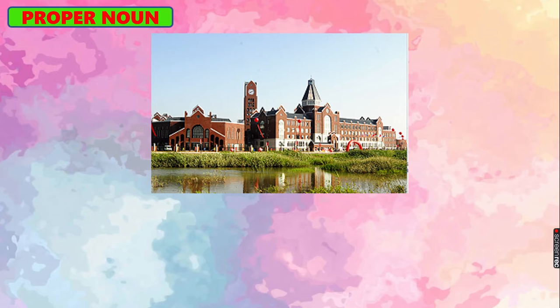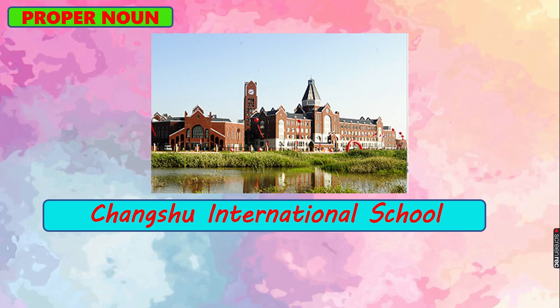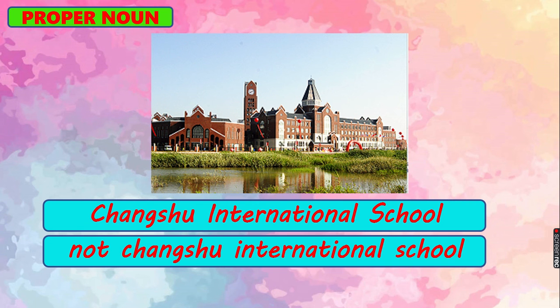Now let's move on to the first one. What's this? Yes, it's our school. It's CIS. The proper noun is Changshu International School. We do not write it with a small c, small i, small s.